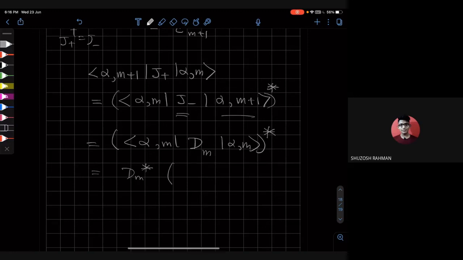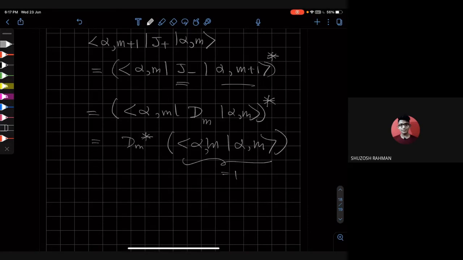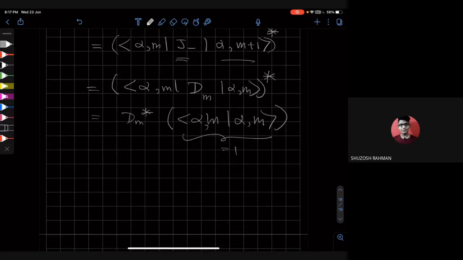And inside the bracket, I get alpha m, which is a real number, so I don't have to bother with the star. And this is 1. So I have established that C m plus 1 is equal to dm star. Okay, so the two sets of coefficients, C's and D's, are related by complex conjugation.